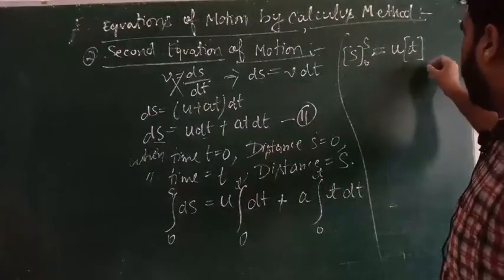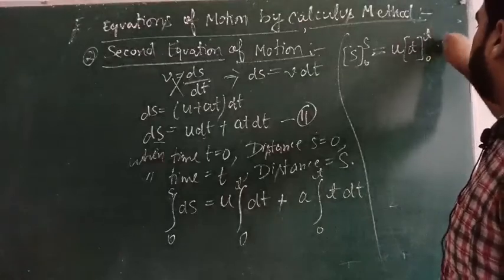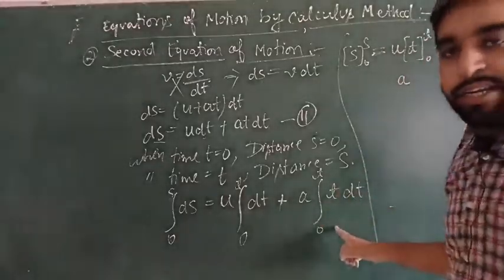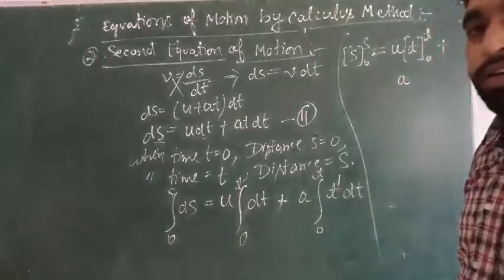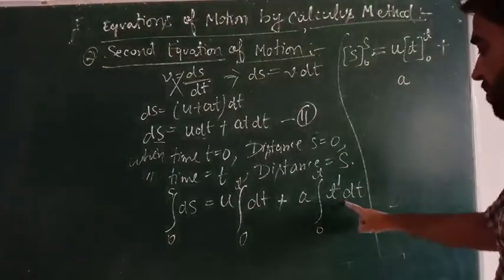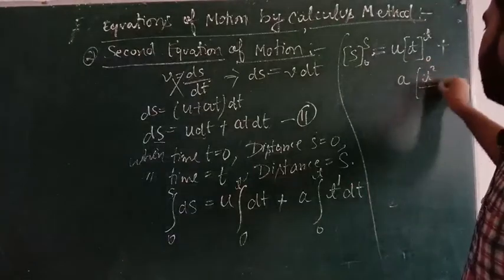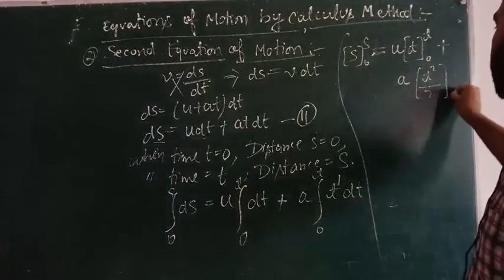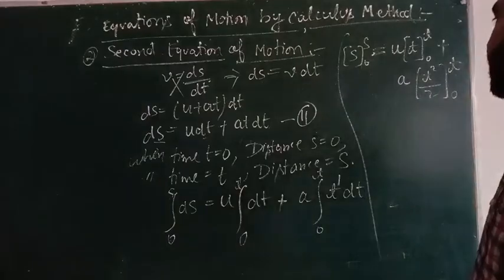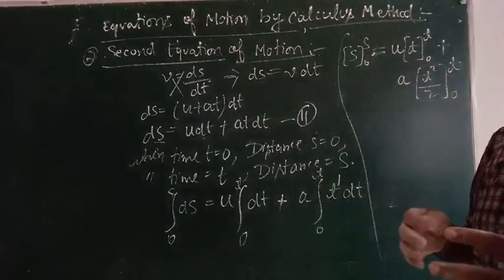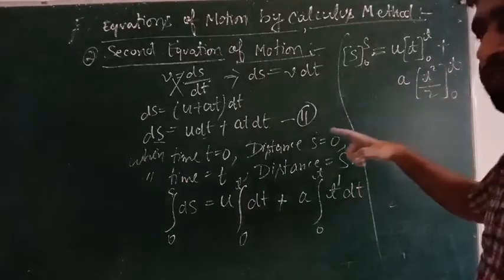0 to t. Plus a is there. What is the integration of t? Integration of x to the power n, you can apply this formula, x to the power n plus 1 upon n plus 1. So t to the power 1 plus 1, t square upon 1 plus 1, 2. Limits we still have to write. As the lower limit is 0, there will be no negative term, because all the terms will become 0, which will be subtracted.